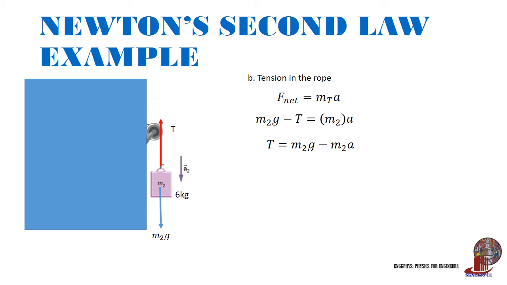And extracting T, the equation becomes T is equal to m2g less m2a, where a is solved earlier as 3.675 meters per square second. So placing all the digits in the equation, T becomes 6 times 9.8 less 6 times 3.675, which would yield T is equal to 36.75 newtons.